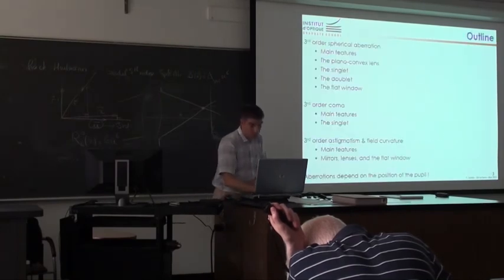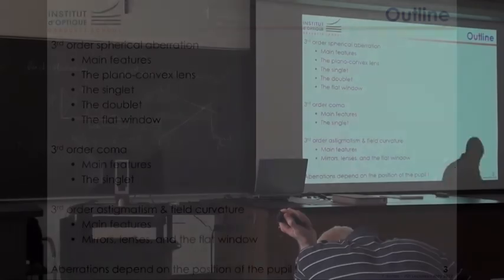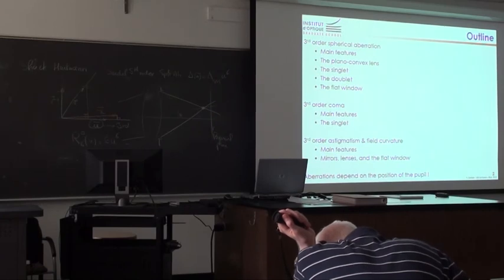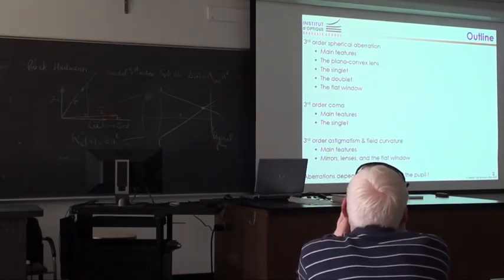The outline of what I'm going to say now is the following. I'm going to study one by one, and give as many examples as possible, of simple optical systems that have third-order spherical aberration, astigmatism and field curvature.